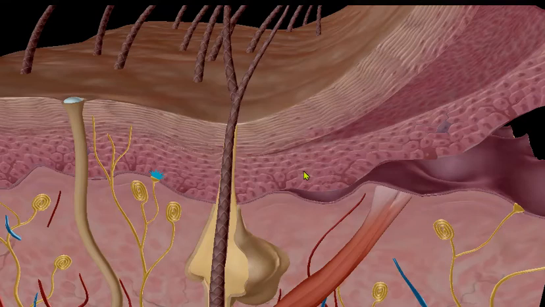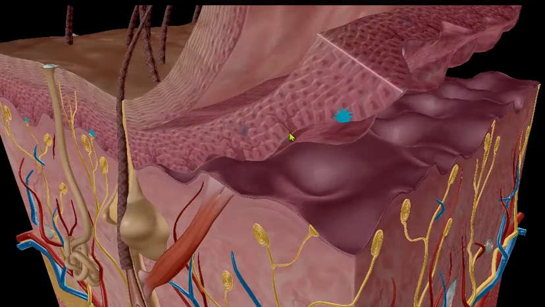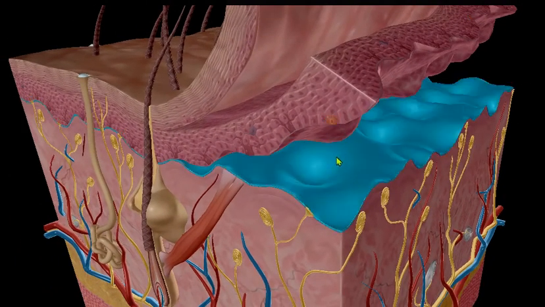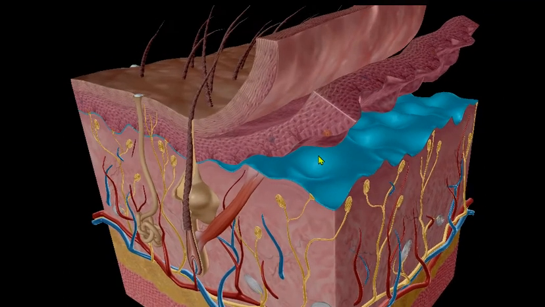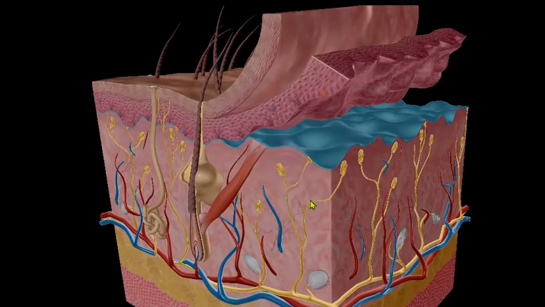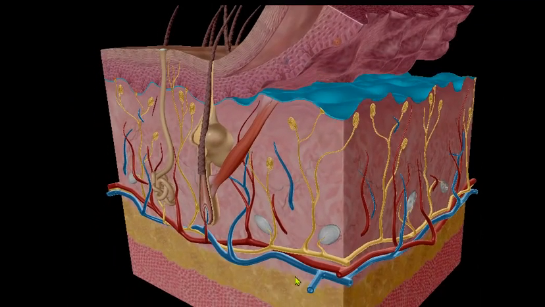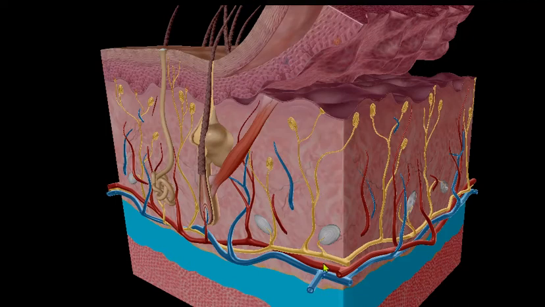Now, as we said before, all the layers above this basement membrane were the epidermal layers, and everything below this is regarded as the dermis, up until this point, as we are going to allude to in a second. So the dermis is here, this area here. The dermis is basically composed of loose connective tissue and dense irregular connective tissue.